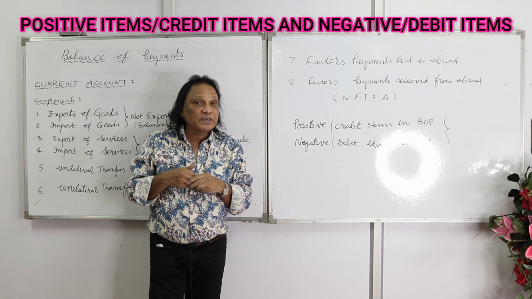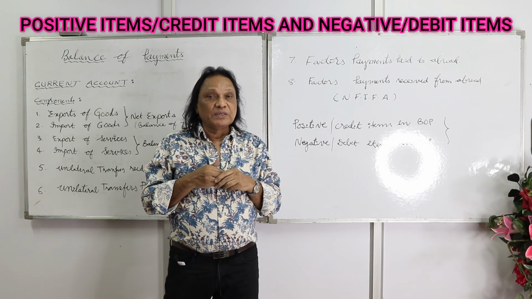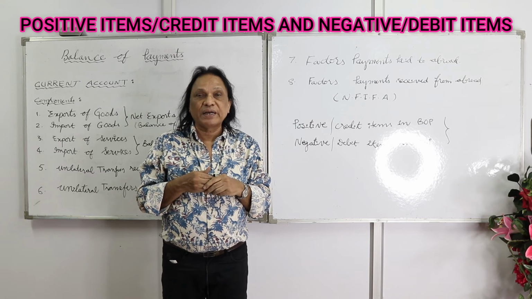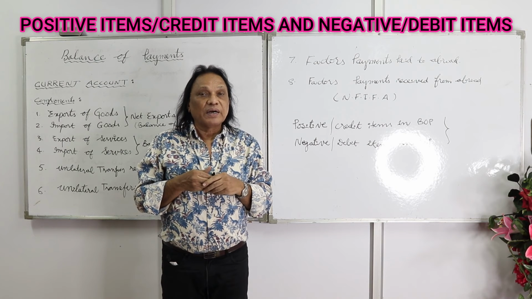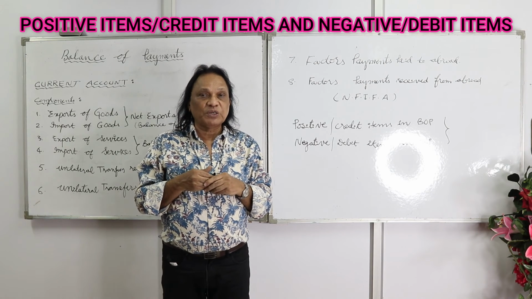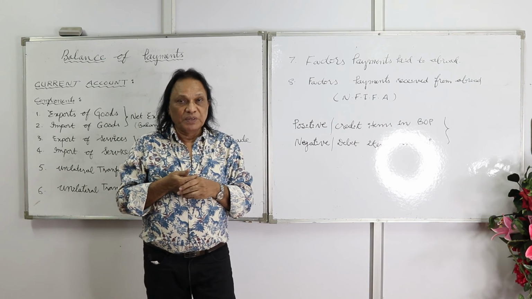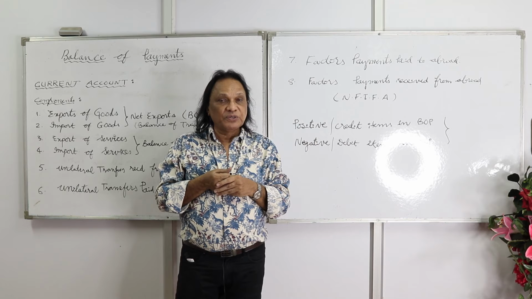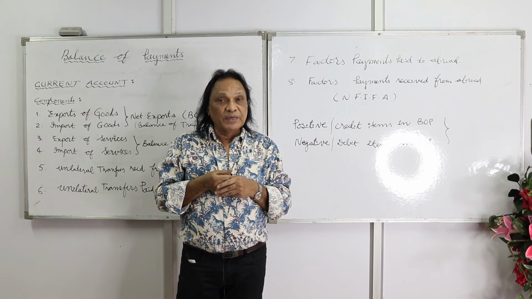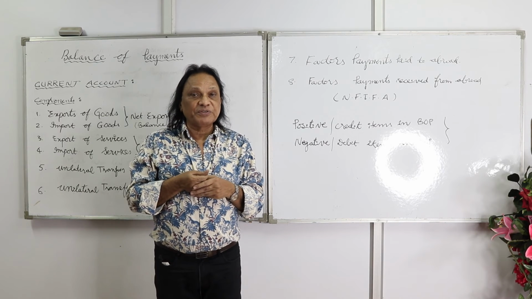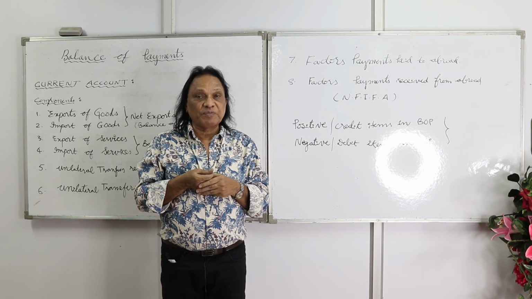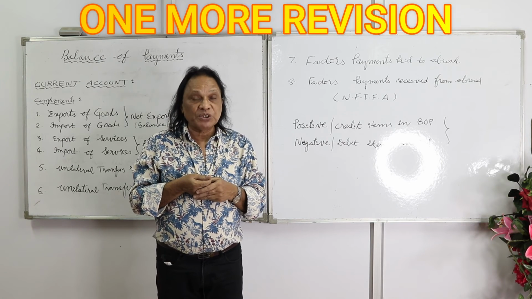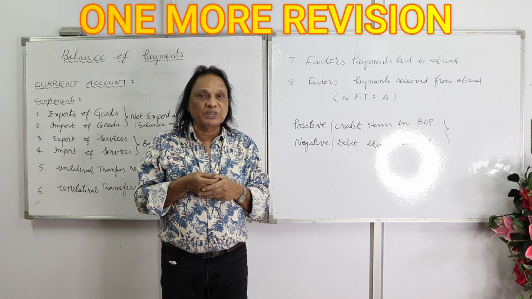So revision, to sum it up, in simple words, balance of payments has 2 components, current account and capital account. Current account is the difference between exports and imports of visible and invisible items a country has with the rest of the world. It has 8 components: exports of goods, imports of goods, exports of services, imports of services, unilateral transfers received from abroad, unilateral transfers paid to abroad, factor incomes received from abroad, and factor payments made to abroad.